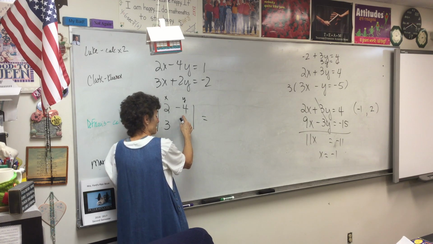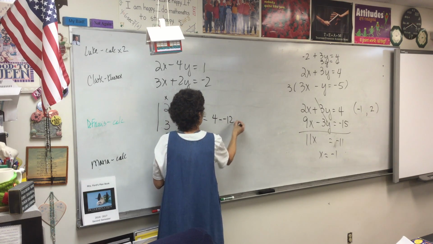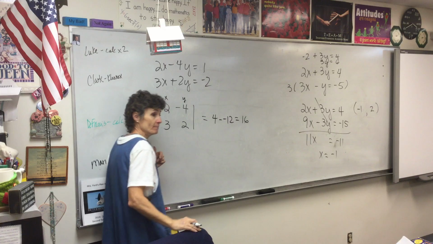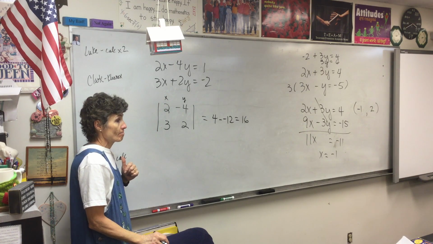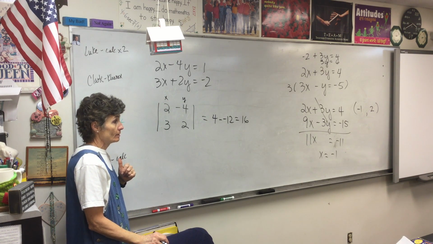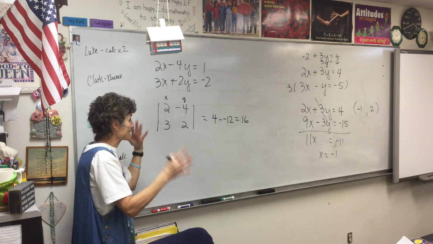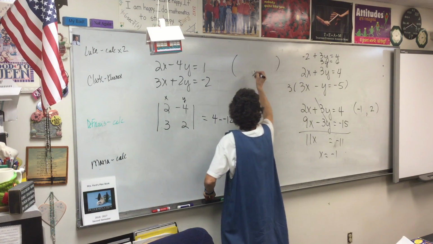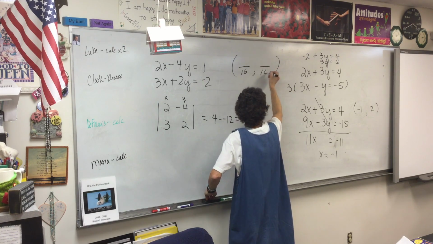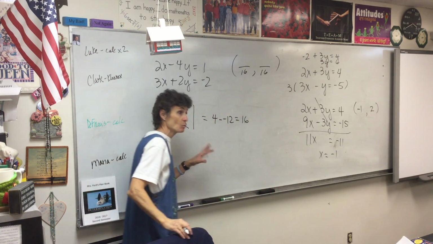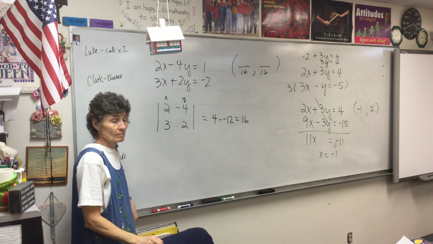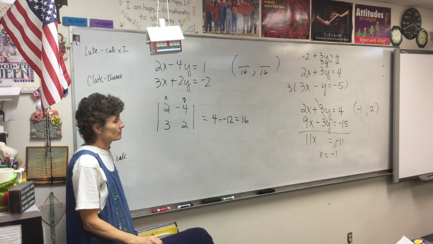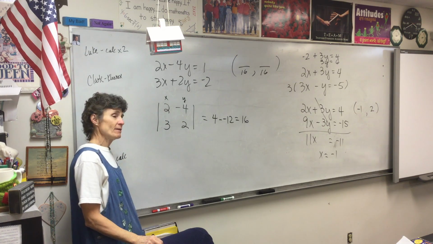What does that equal? 4 minus negative 12. So 16. Now what do I do with that 16? 16 is the denominator of my answers, x and y both. How do I find the numerators?